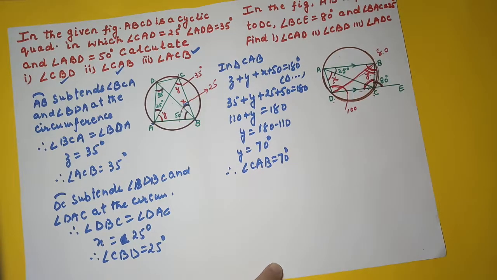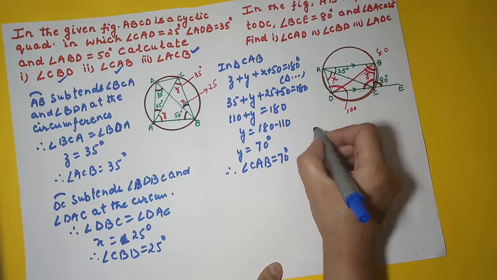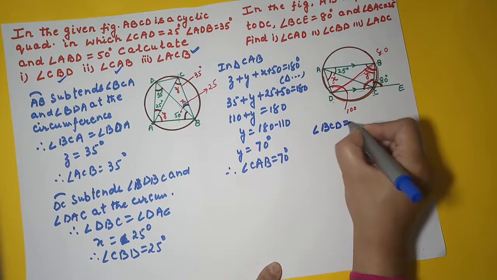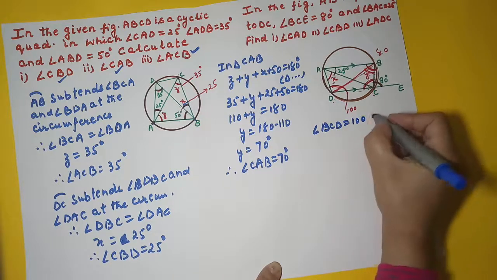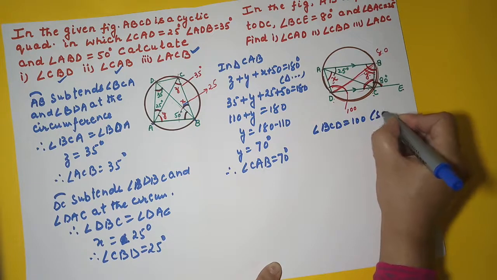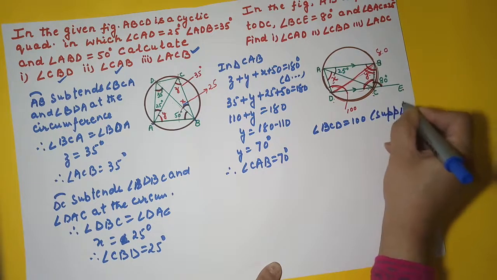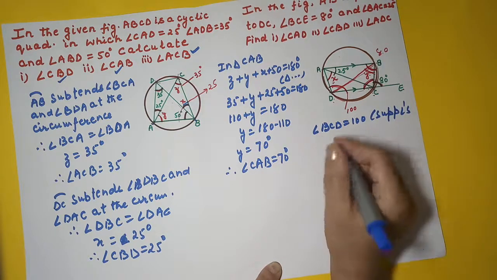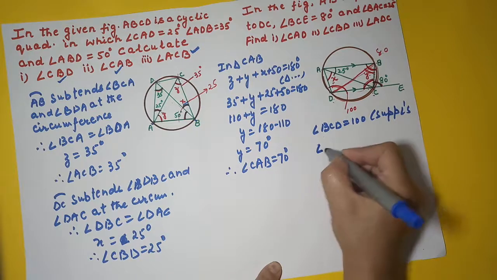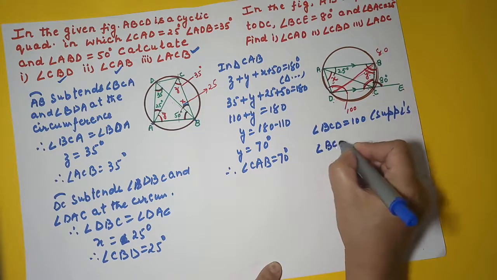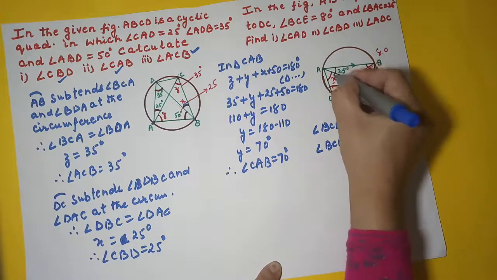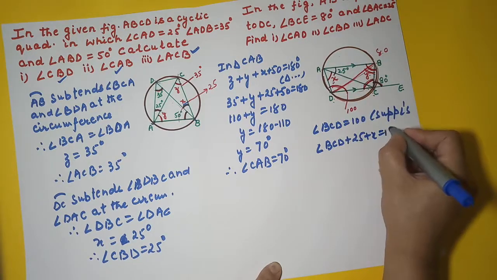So let's write it now. So how do we write it? We will write angle BCD is equal to 100. Why? Reason is supplementary angles, because this angle plus this angle is supplementary. Now you can write angle BCD plus 25 plus X, that means this entire angle, is equal to 180.